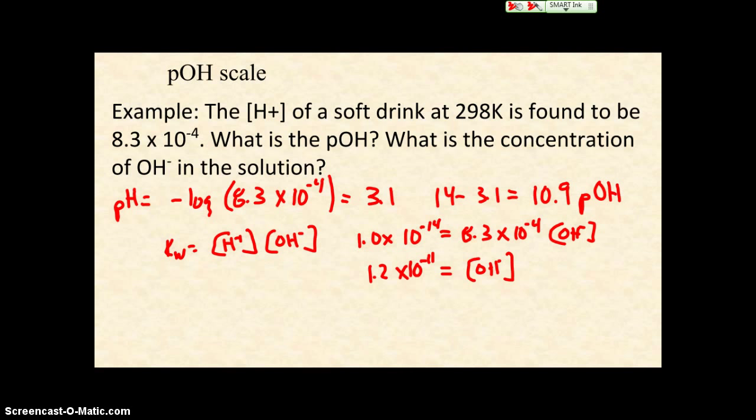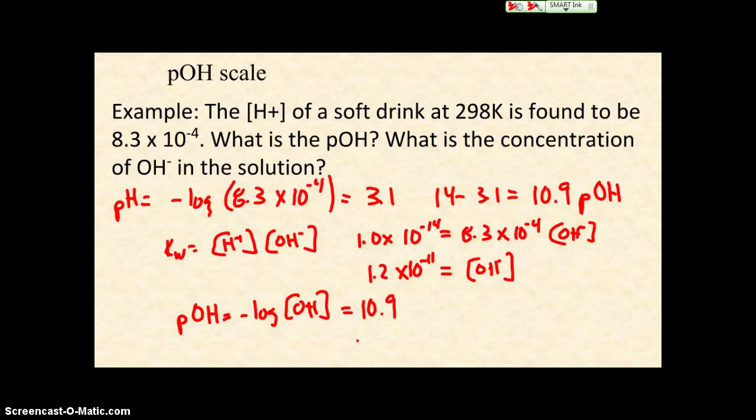But if I didn't have all this information, if all I knew was the pOH, I could still find my OH concentration, because pOH is equal to the negative log of OH ions. And I know that my pOH is 10.9, so I can undo this.